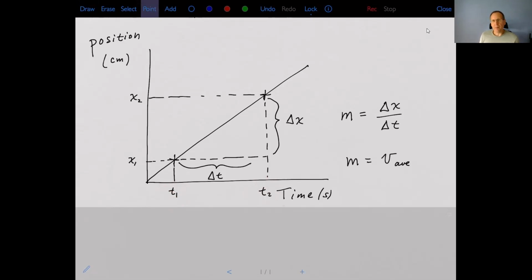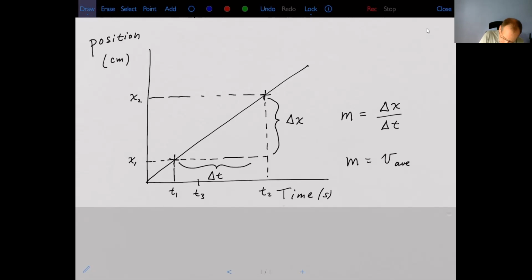What you might be interested in as well is not so much the average velocity, but you might want to know what is the instantaneous velocity at some time. Let's say I want to know right at this time right here, I'll call it T3. What is the velocity of the object right at that instant? How do I determine that graphically? Well, what you would do is you would go to the curve.